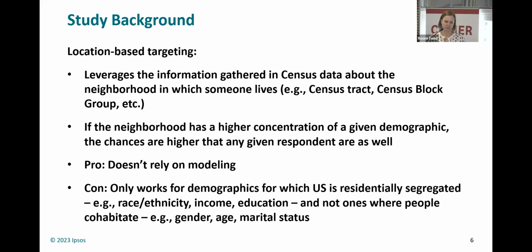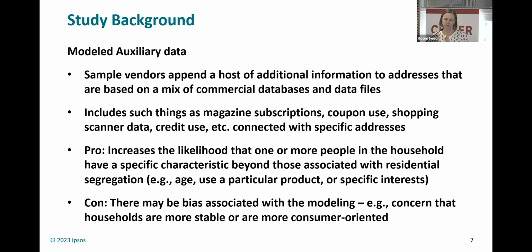But the downside of this is that it really only works for demographics in which our country is residentially organized, right? So we know that there's an issue with racial residential segregation, income, education. And so those are the ones that you can use, but if it's not something where people are segregated in that way, if people are cohabiting like with gender or age or marital status, you can't really use this type of information. And so that's when you might turn to the modeled auxiliary data.